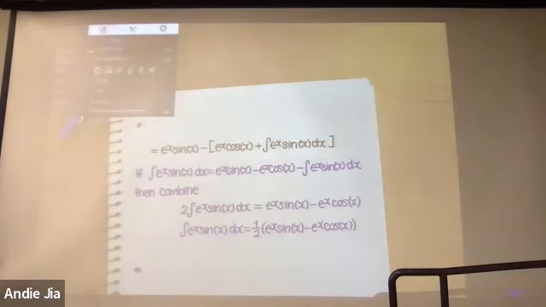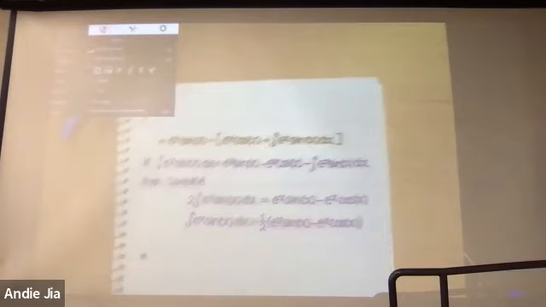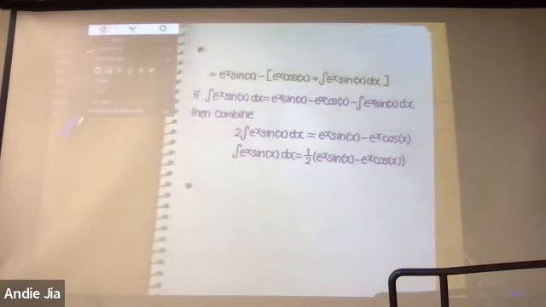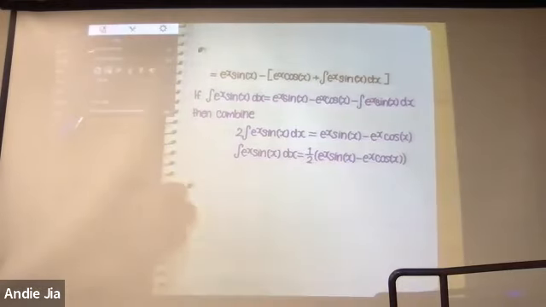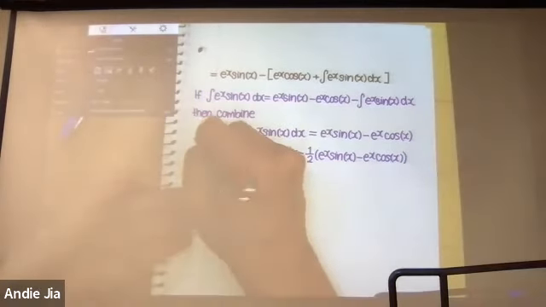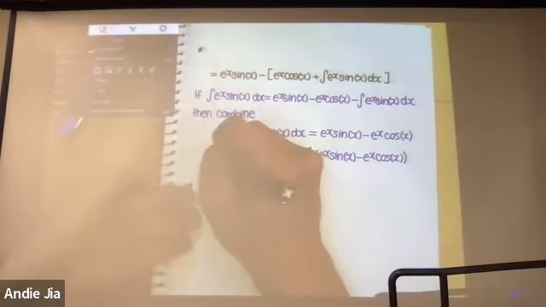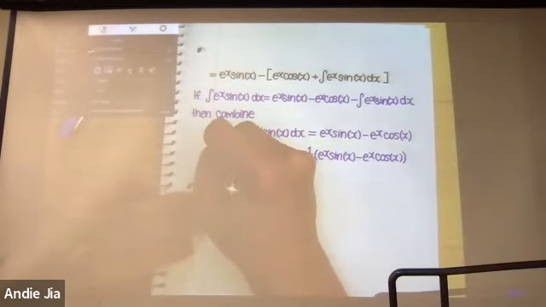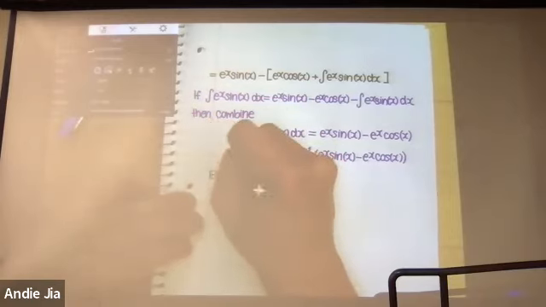Let's do our last example. That's going to be on a trig function here. We're going to do something with an inverse trig function.